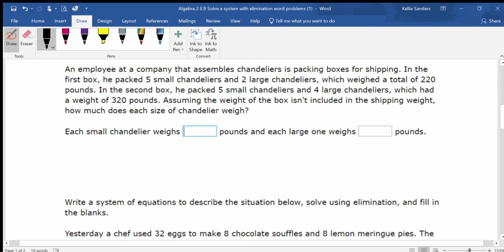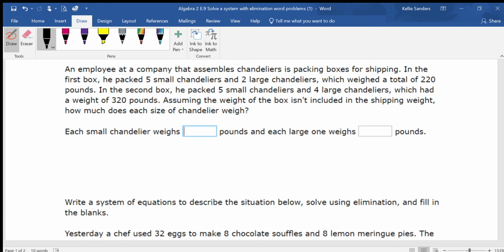An employee at a company that assembles chandeliers is packing boxes for shipping. In the first box, he packed 5 small chandeliers and 2 large chandeliers, which weighed a total of 220 pounds. In the second box, he packed 5 small chandeliers and 4 large chandeliers, which had a total weight of 320 pounds. Assuming the weight of the boxes is included in the shipping weight, how much does each size of chandelier weigh?